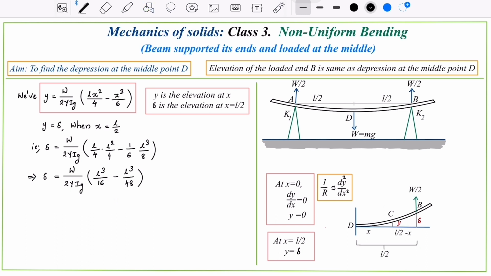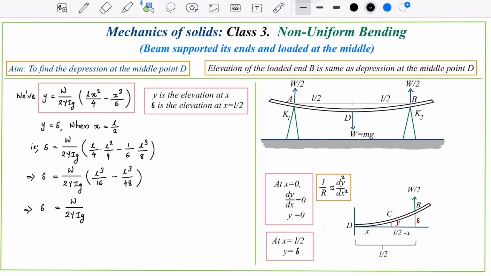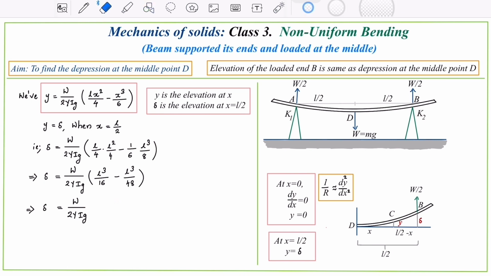This implies delta is equal to W divided by 2YIg into 2L cube divided by 48. That is the elevation of the cantilever at x is equal to L by 2, that is delta is equal to WL cube divided by 48 YIg.